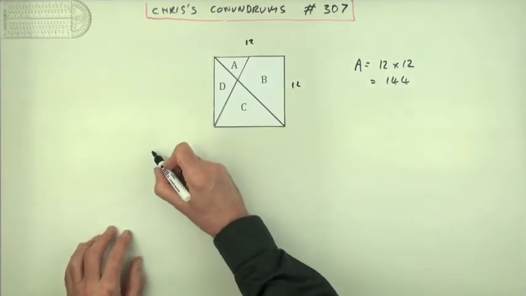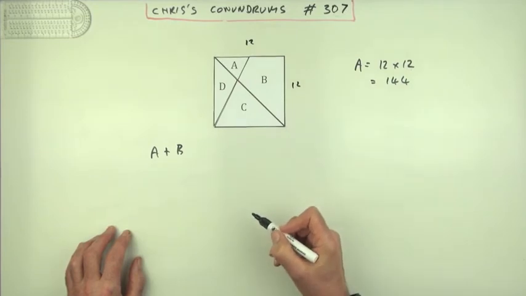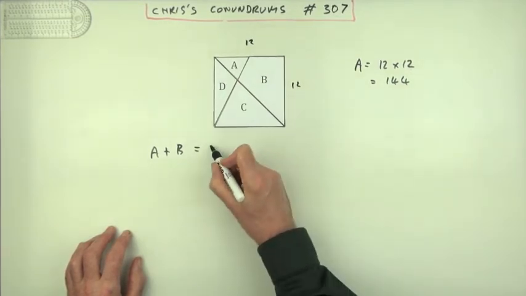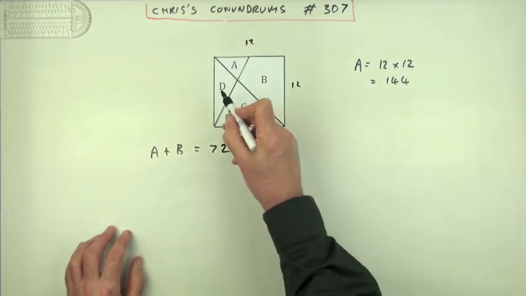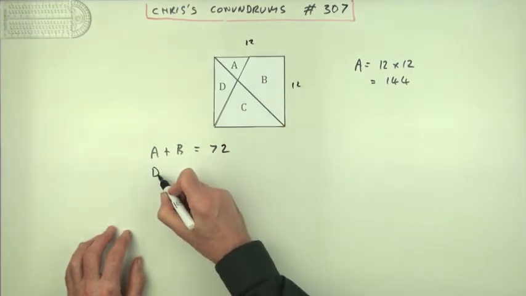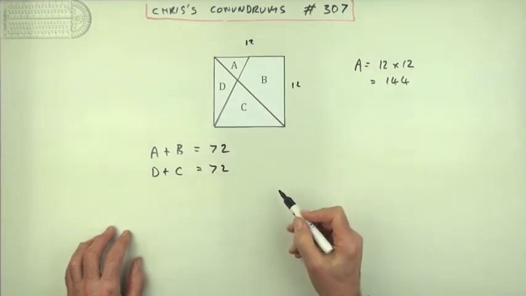So I know that A plus B, being the top half, must be half of 144, which is 72. And D plus C, being the bottom half, must also be 72.